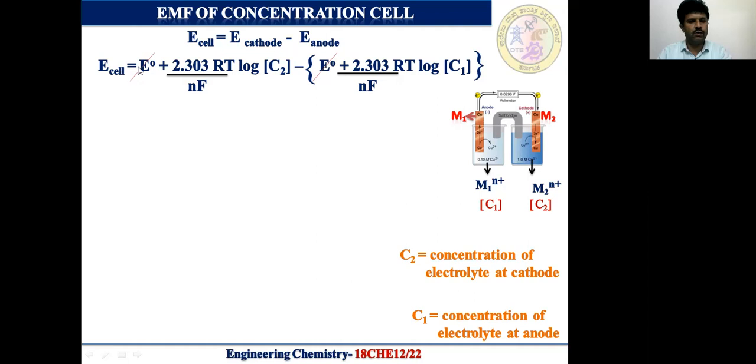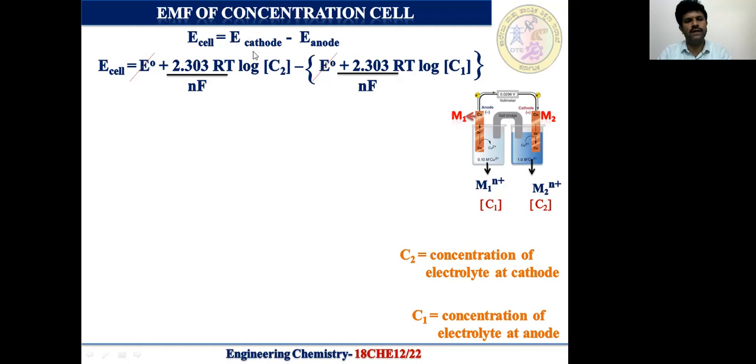E cell, according to the Nernst equation: E cathode, the electrode immersed in higher concentration C2, is E = E0 + 2.303RT/nF log C2.